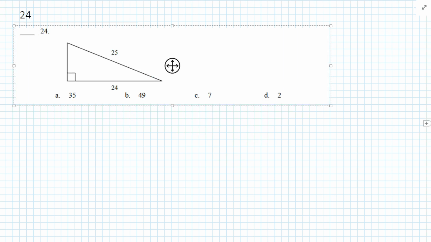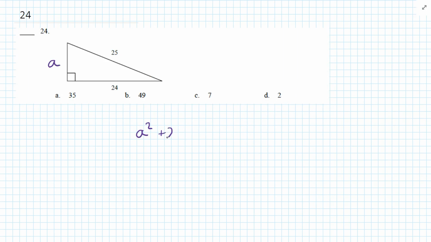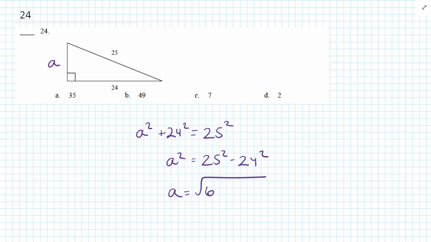24. Okay, we need to find a. So we know a squared plus 24 squared must equal 25 squared. So a squared must be 25 squared minus 24 squared. So a must be the square root of 25 squared minus 24 squared.